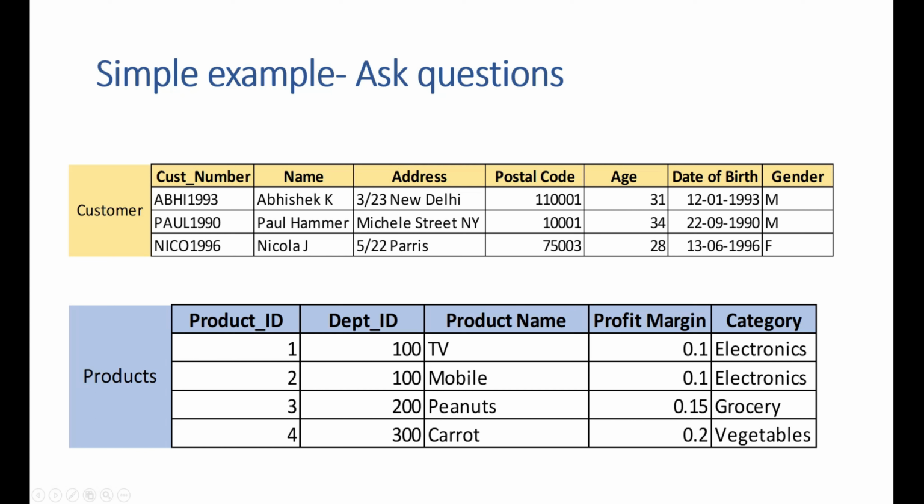Similarly, in the products table you have product ID, department ID, product name, profit margin, and category. Whenever a customer purchases any product, the product should be there in the products table. That is a basic aspect of it.